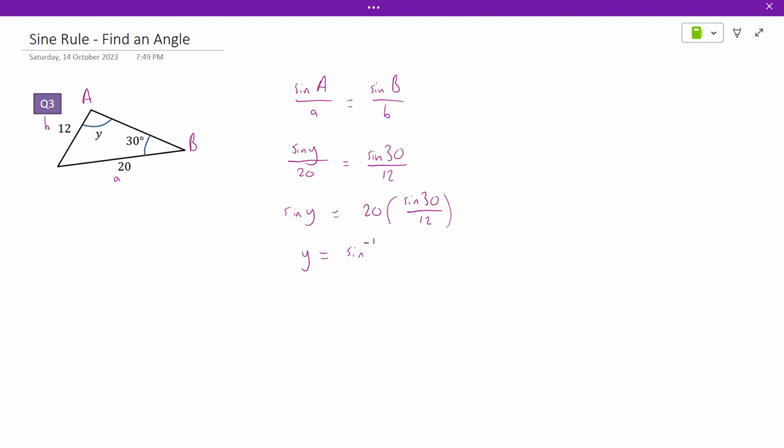Okay, so this one, it might be helpful. It kind of depends on your calculator, but for my calculator, using two sets of brackets for this. So sine -1 times, let's open up a bracket, and then I'm just going to rewrite everything that was already there. So 20, and then another bracket, sine of 30 divided by 12, close bracket, and then close the second bracket.